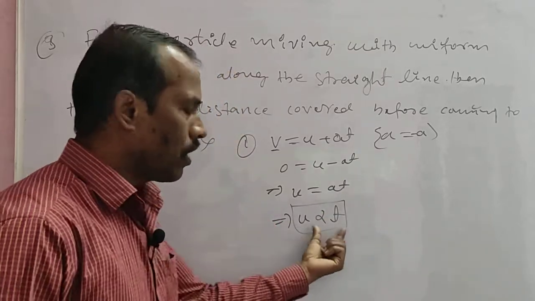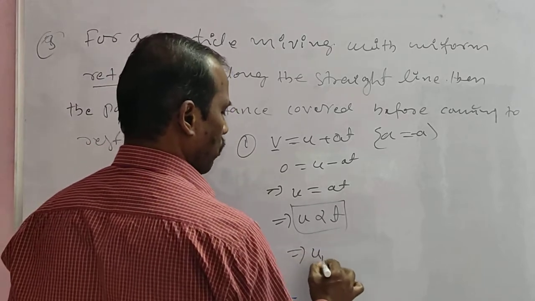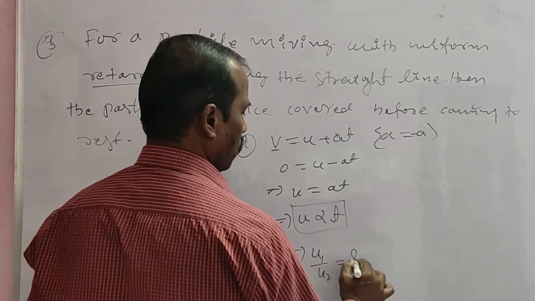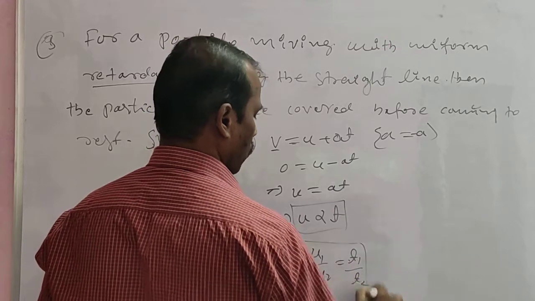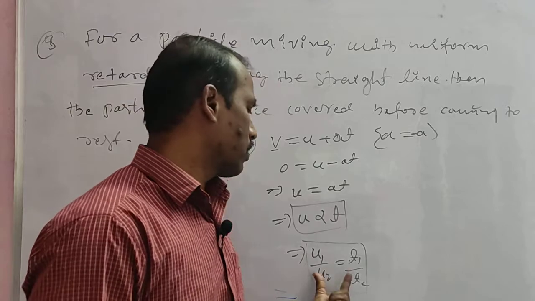The relation between initial velocity and time is u1 by u2 is equal to t1 by t2.